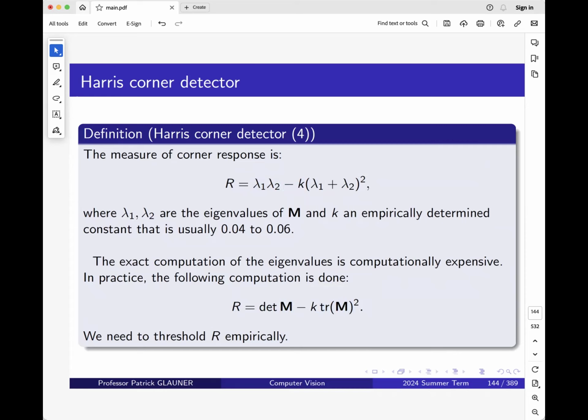Who of you knows what the trace of a matrix is? If you have heard about the trace, maybe give a thumbs up, or thumbs down if you have never heard about it. One student said he or she remembers the trace, so maybe turn on your microphone and tell us what the trace is, or send it in the chat and share your insights, because you're the only one who responded about the trace.